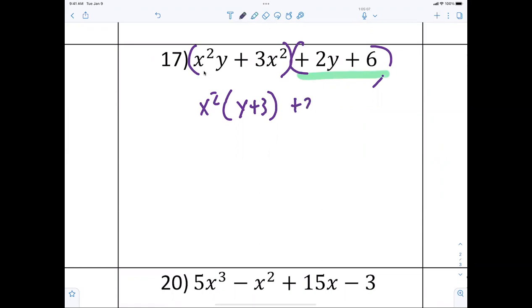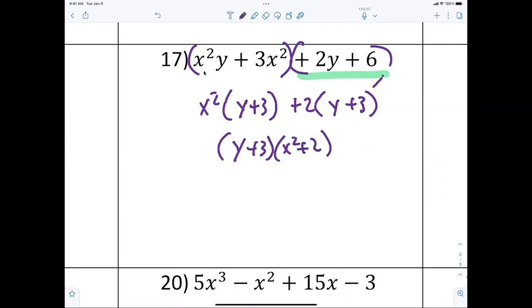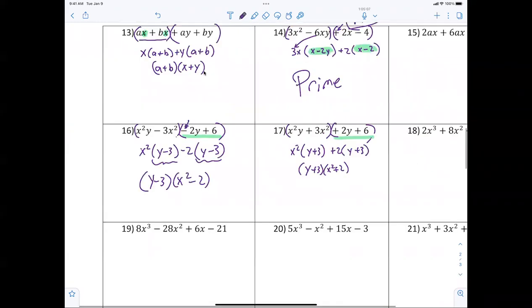Positive 2. What am I left with? Y plus 3. Here we go. Y plus 3, X squared plus 2. How's that, guys? Everybody's good? All right, I'm happy with that.